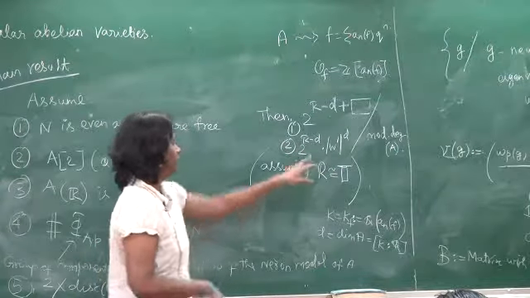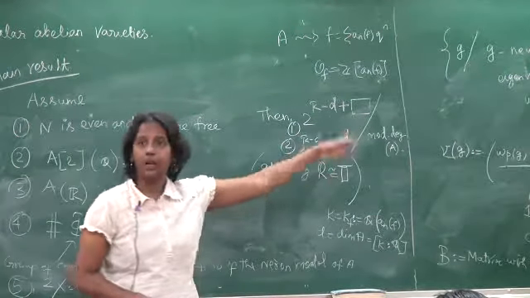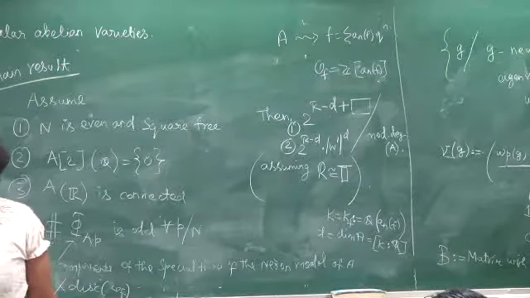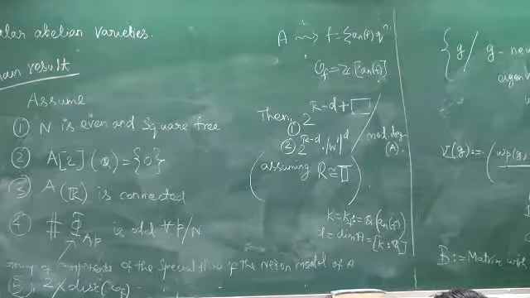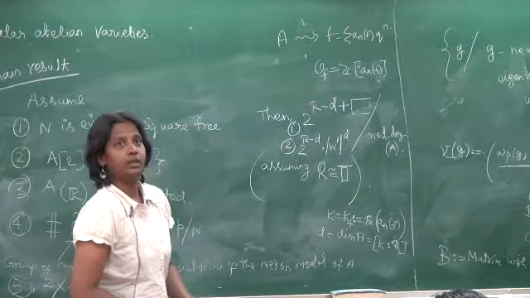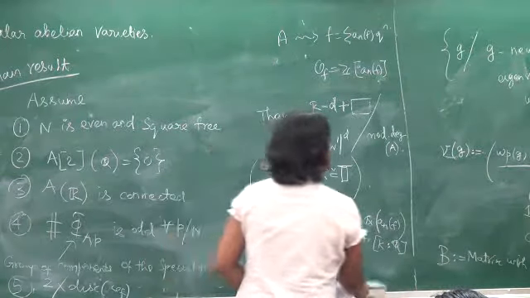So if I combine these two, then 2 to the power r divides the modular degree of A. That is the analog of Watkins conjecture in the modular abelian variety case. So we had obtained this result, and I will give a sketch.